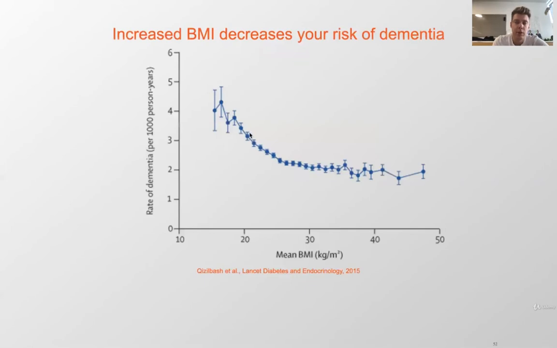And in fact, if you look at your risk of developing dementia in the next 7 years as a function of BMI, then I think quite strikingly, the higher your BMI is, the lower your risk of developing dementia.